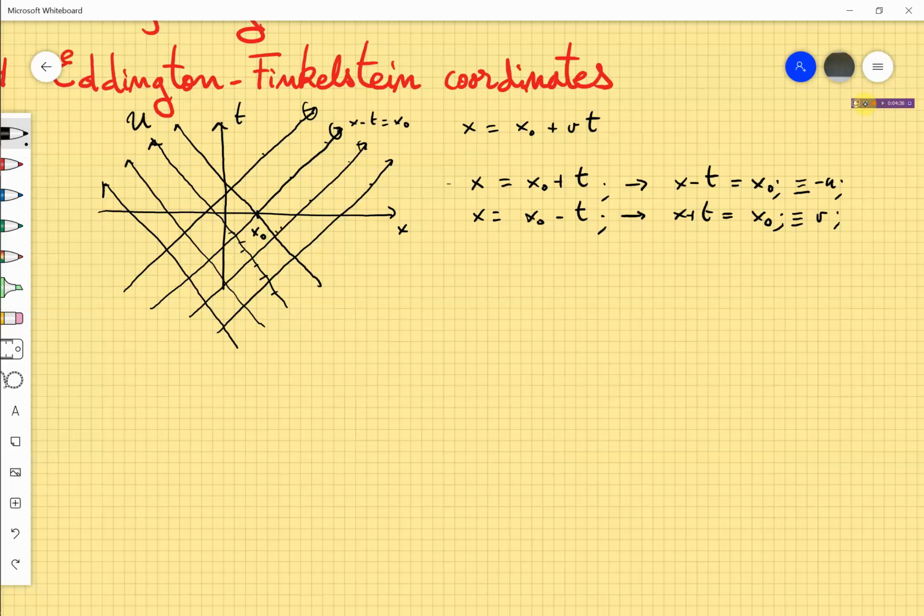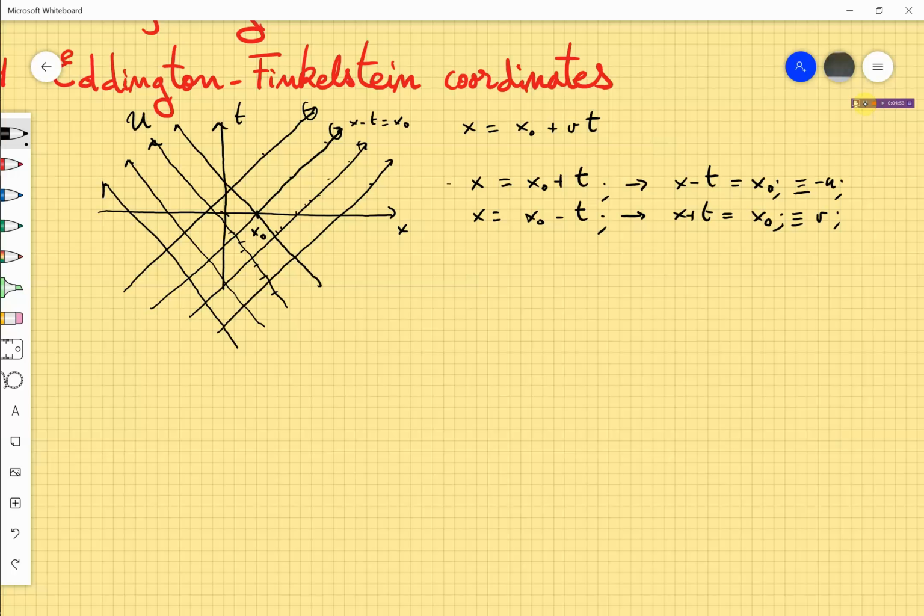And different values along this axis label these other lines. Probably I can use any axis at any point, but typically we use the one that crosses the origin of coordinates, but it doesn't really matter. Let's take any one.